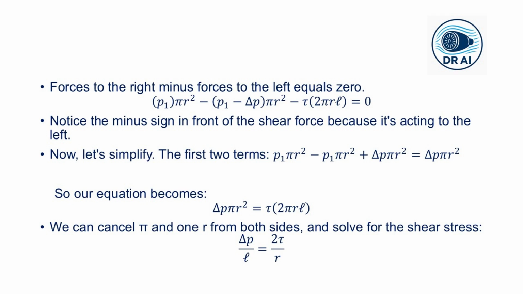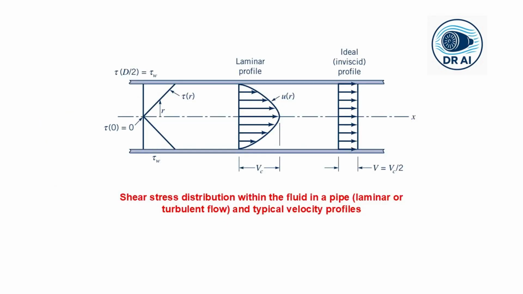It does not depend upon the radius r, so the right side, 2 tau over r, must also be constant. This means that tau itself must be proportional to the radius r. In other words, the shear stress varies linearly from the center line to the wall.